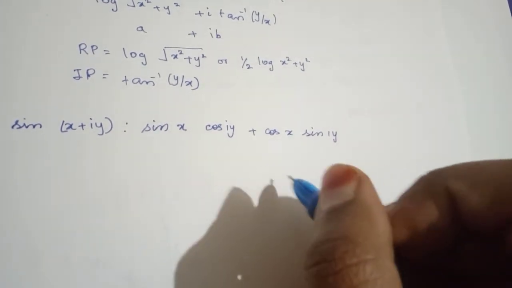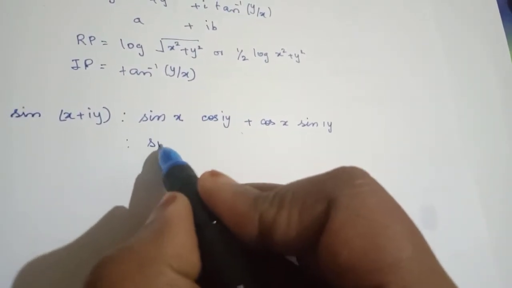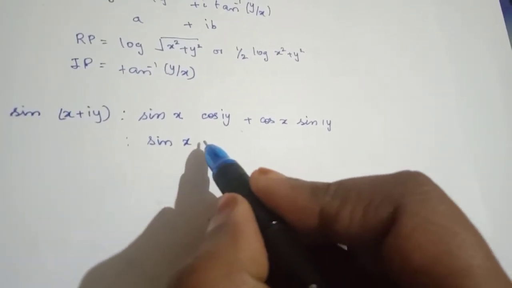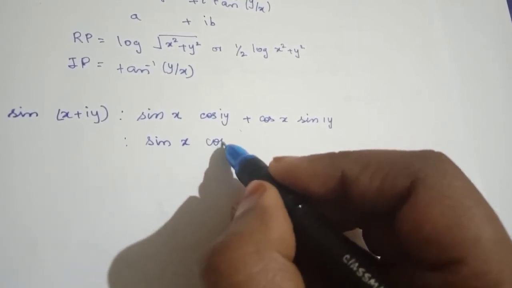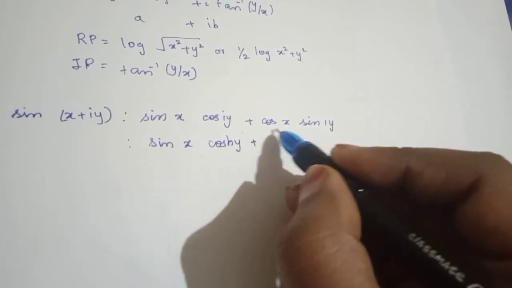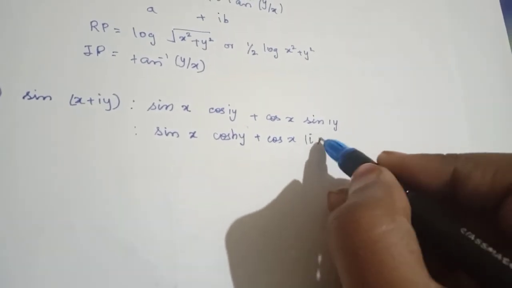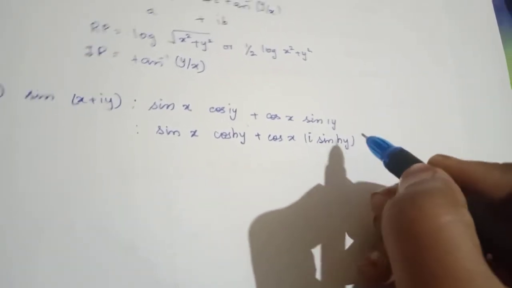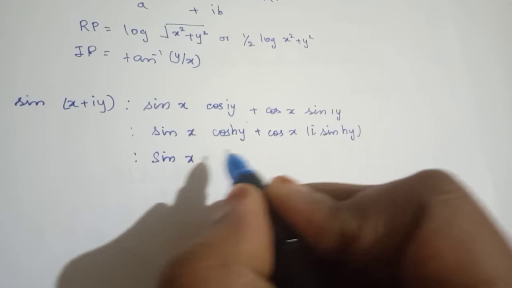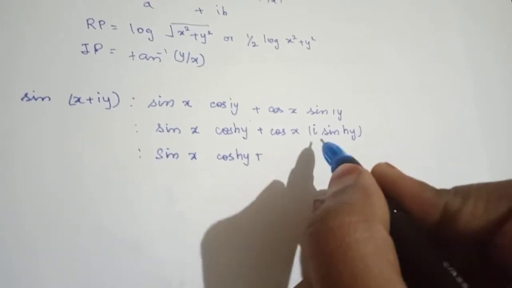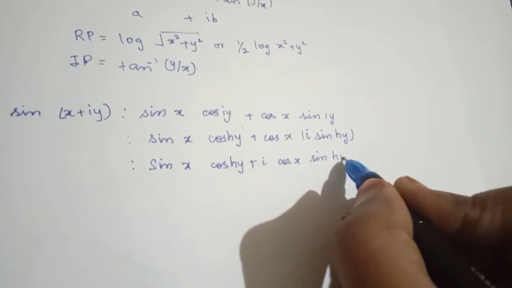As I told you before, using the hyperbolic functions for cos iy and sin iy, sin x is written as the same thing, and cos iy is nothing but cosh y, cos x is written as it is, and sin iy is written as i sinh y. So simplifying it, we get sin x cosh y plus i cos x sinh y.